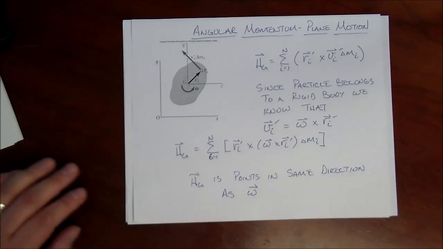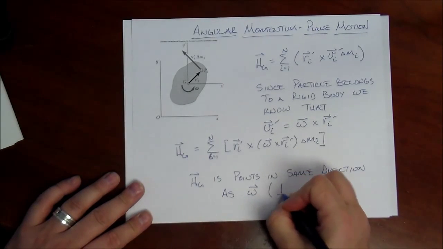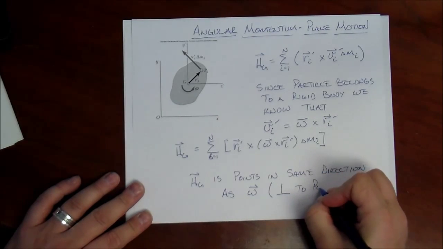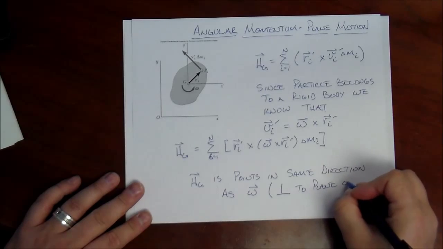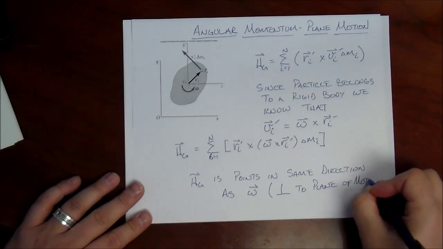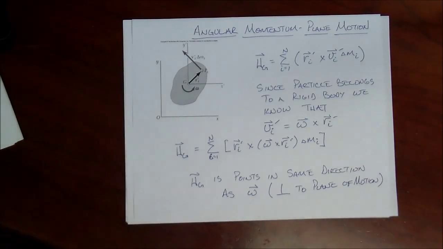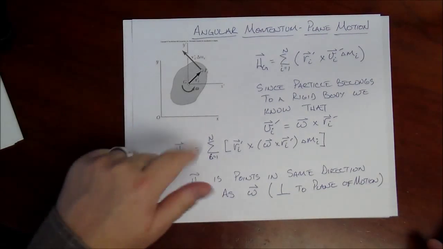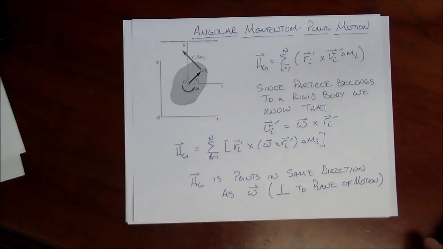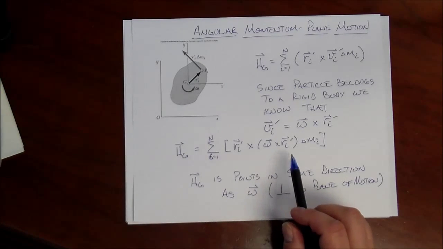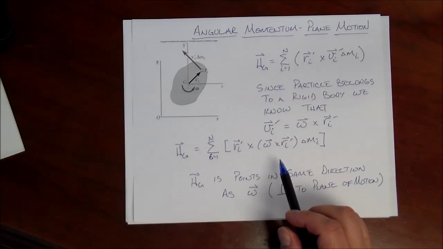In other words, it will be perpendicular to the plane of motion. That is frequently going to be the z direction if we choose to represent the plane of motion as the xy plane. Okay, so this is the expression for angular momentum.